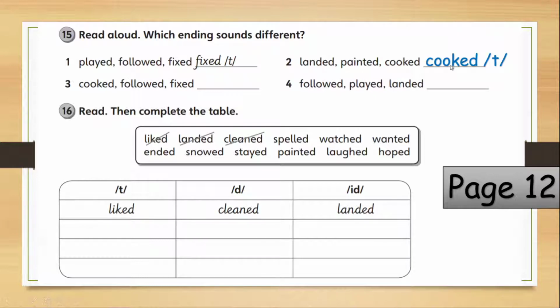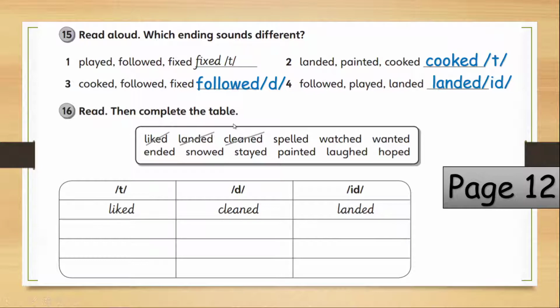This is different. Cooked. T sound. 3. Cooked. T. Followed. D. Fixed. T. So followed, it's the different one. 4. Followed. D. Played. D. Landed. Ed. So landed, it's the different sound.